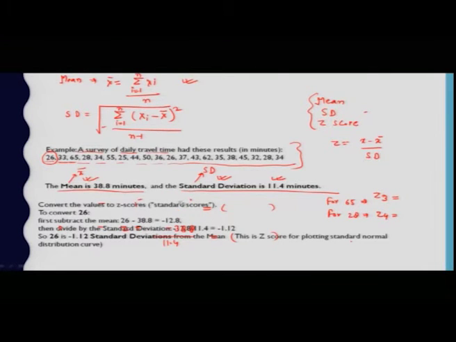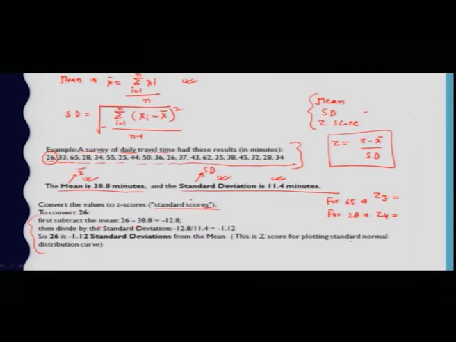So, this is the solution that I have already written here. Convert the value to the z score, which is also known as the standard score. To convert 26 you first subtract the mean. In fact, all the sentences that I have written are just to calculate the z score with the help of this particular formula.